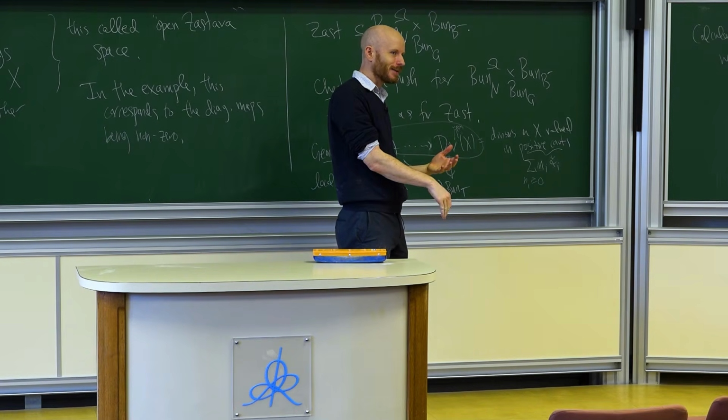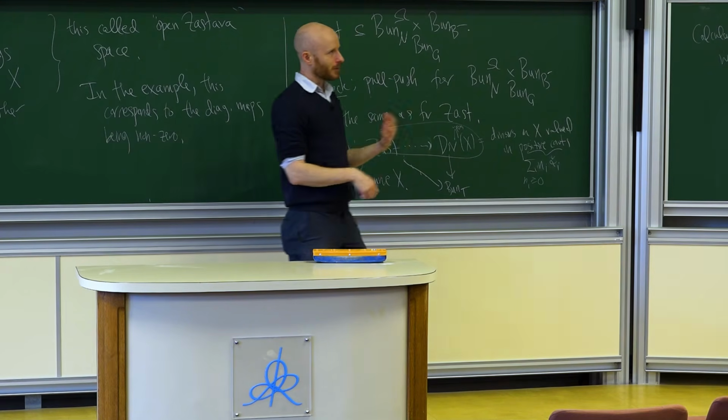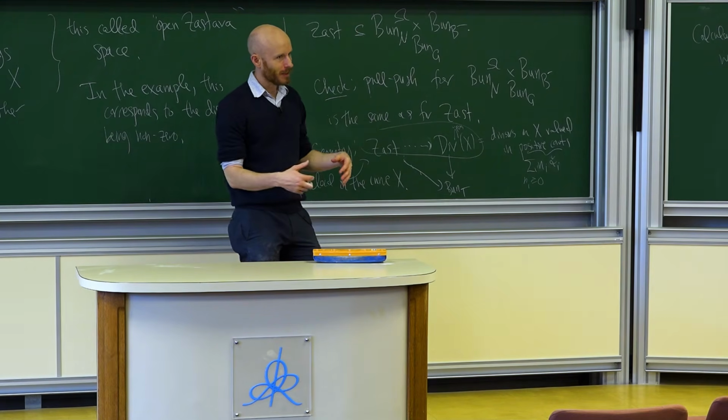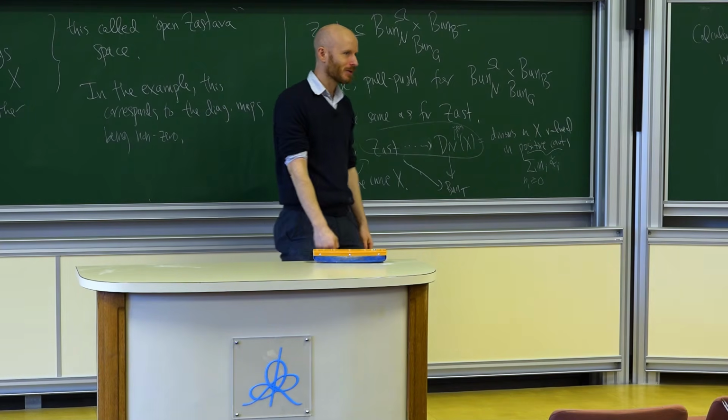So you push forward the constant sheaf, I said, in some kind of global setting. But there's also a natural functor from the local Whittaker category to D of Bun, which is also a version of Poincare series.